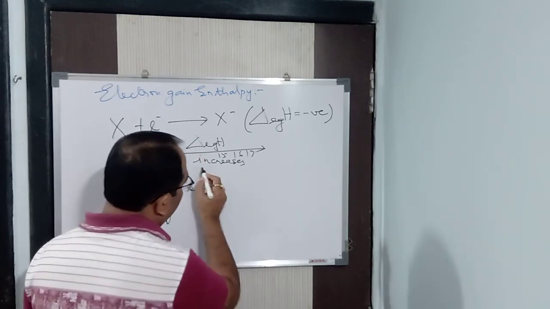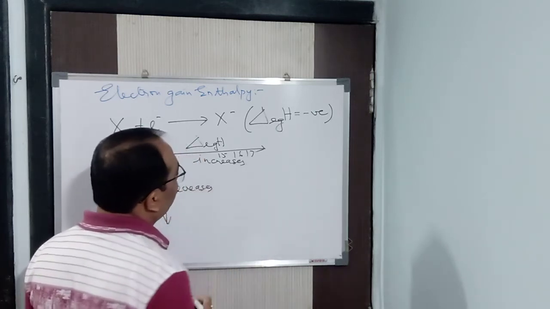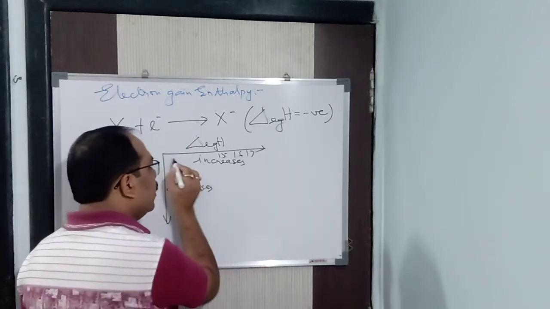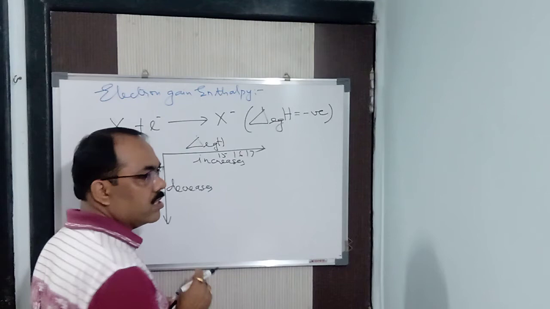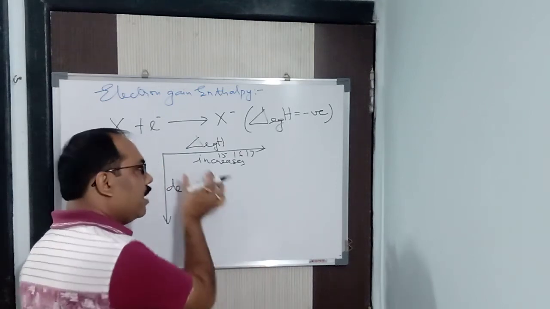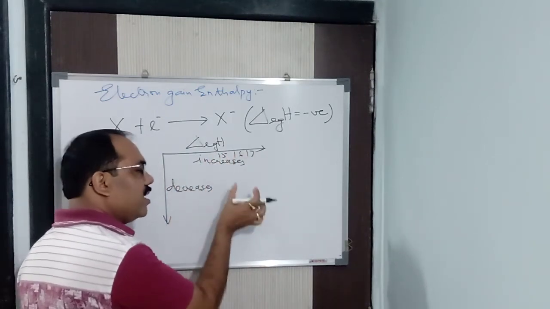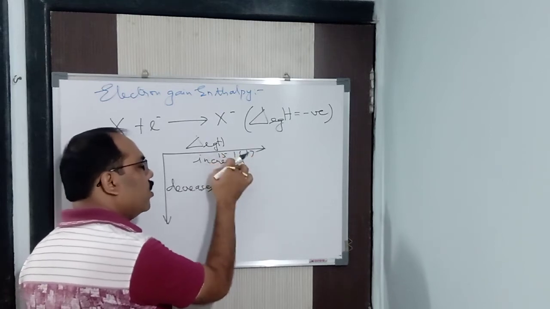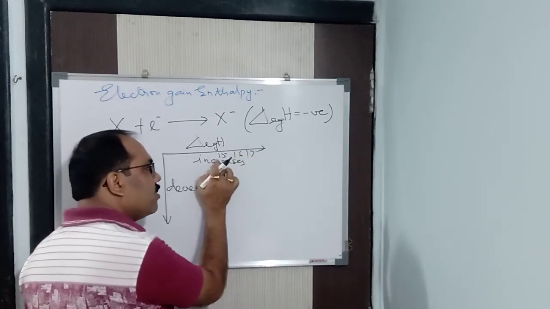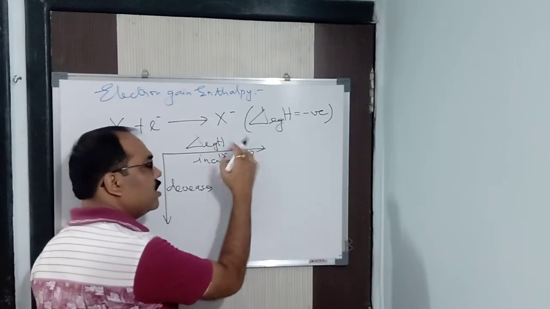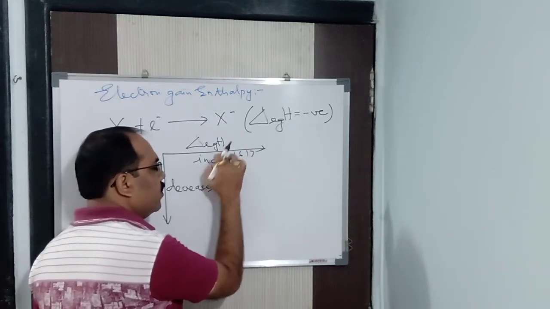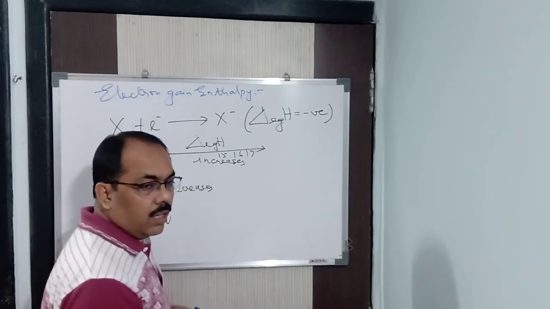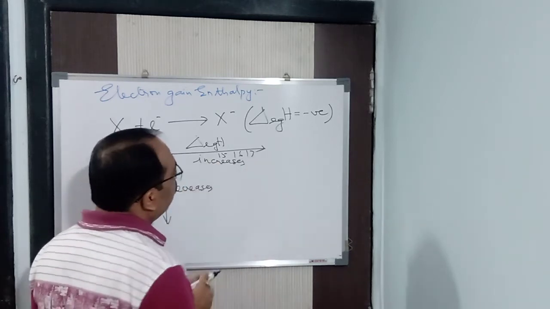I hope you got this. They require 3 more, 2 more, 1 more, and then they attain stability. So the tendency to gain an electron is increasing.